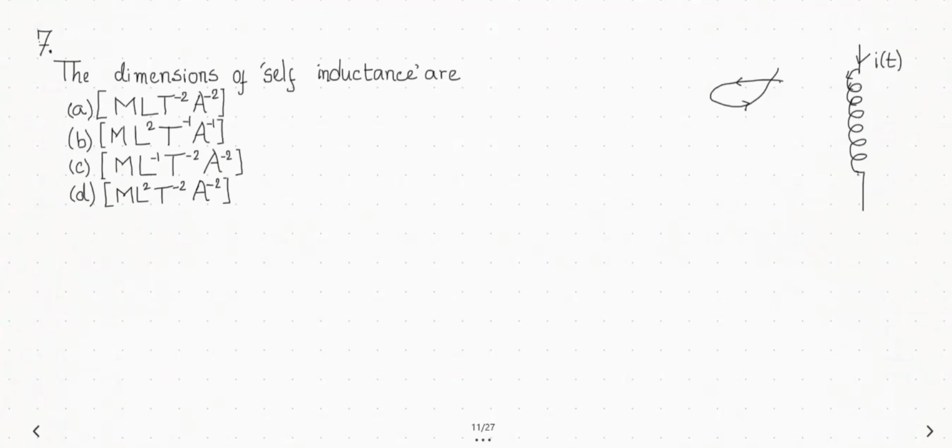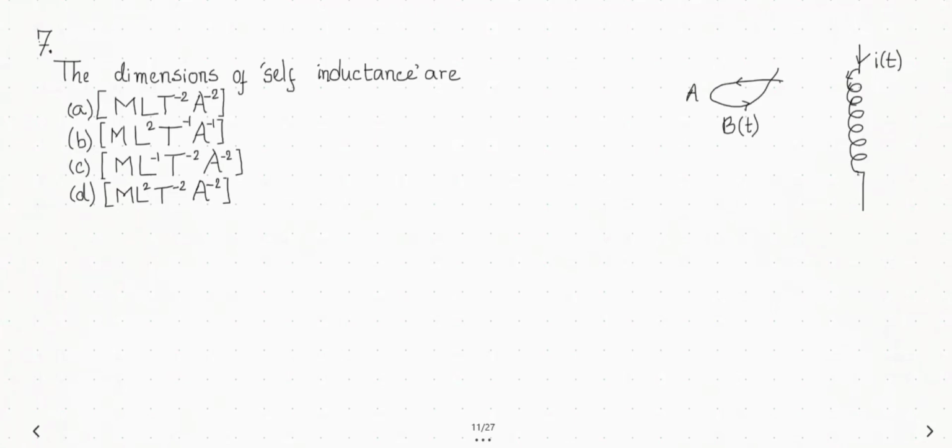So when the current is flowing like this, a magnetic field is generated. Since the current is also changing with time, the magnetic field is also changing with time. This coil has some area.